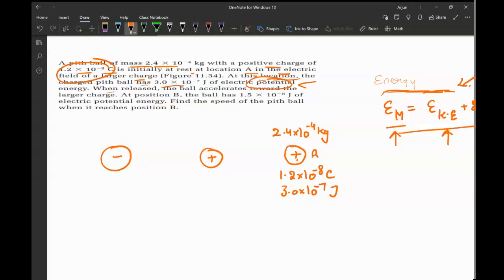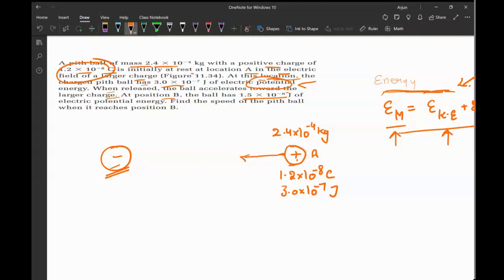When released, the ball accelerates towards the larger charge at position B. The ball has 1.5 times 10 raised to the power negative 8 joules there. Once it is released, because this is a negative charge and this is a positive charge, the natural tendency of the positive charge is to move towards the negative charge.